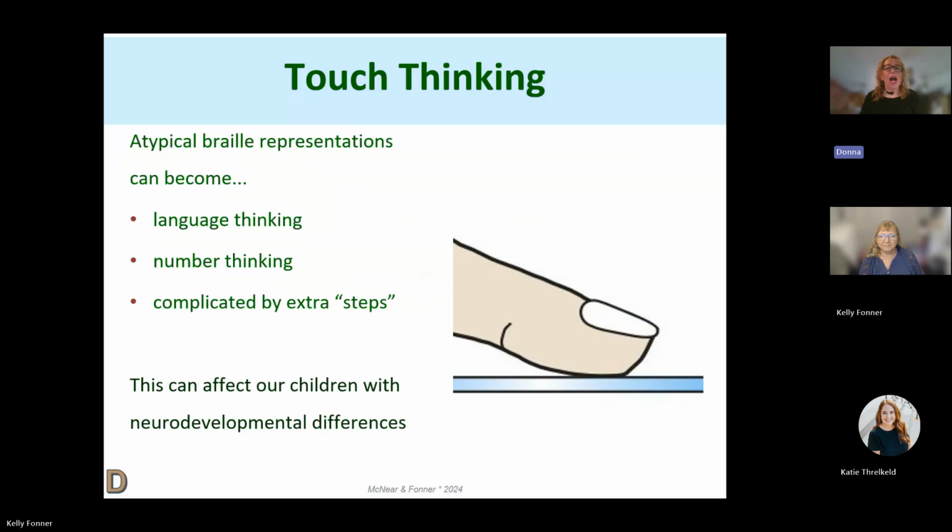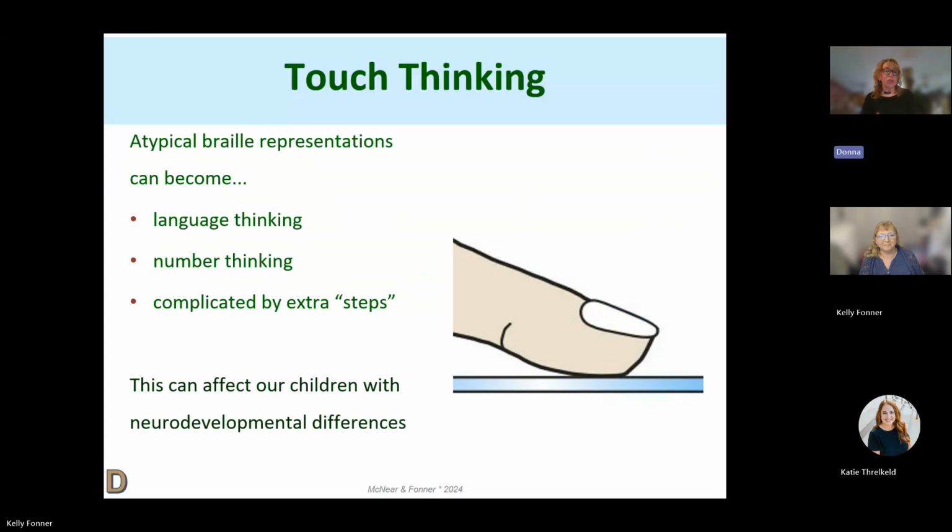So a little bit about touch thinking. Atypical Braille representations can become thinking about language. It can become number thinking, and it can become complicated by extra steps in learning.